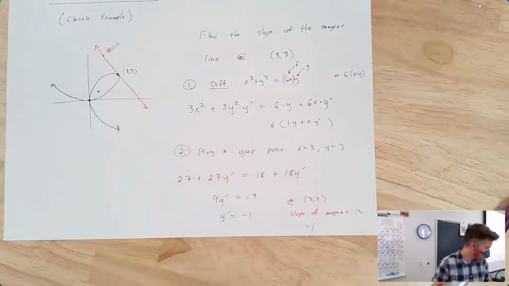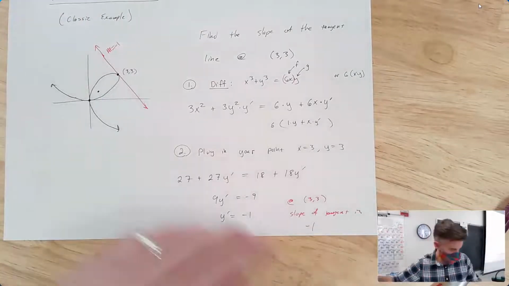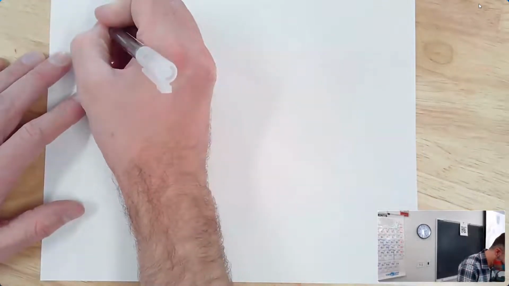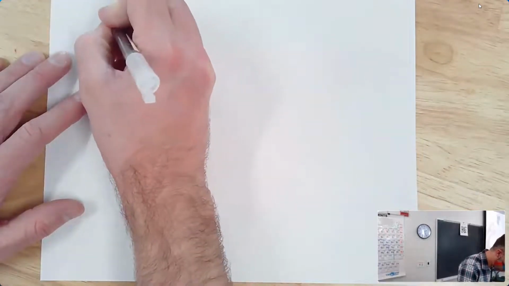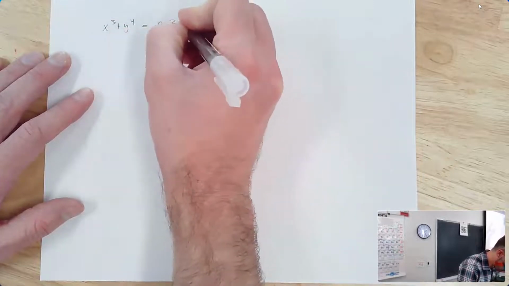Okay. Let's look at another example that's similar-ish. So let's say we have this equation, x cubed plus y to the fourth equals 2x squared minus 2y cubed.